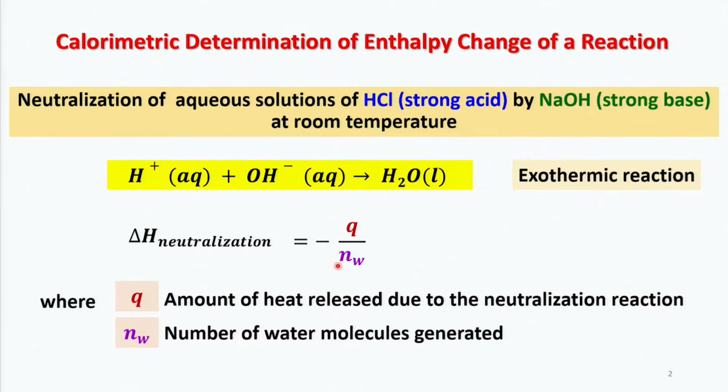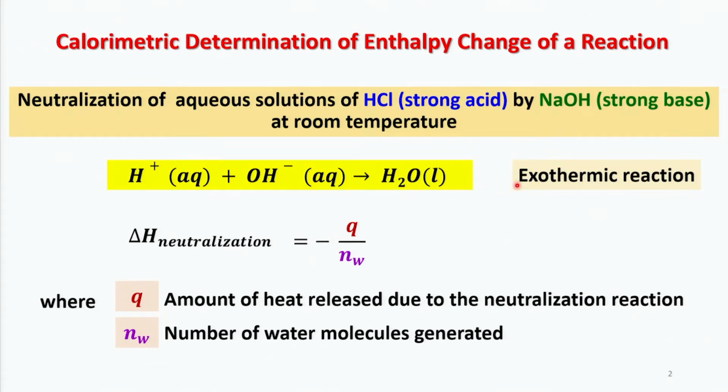So, as you see, Q will have the units of joules or kilojoules as the case may be, and this would be moles. Therefore, you will get delta H neutralization as a negative number in the units of joules per mole. And here you understand that delta H neutralization with a negative sign is necessary because I have an exothermic reaction.